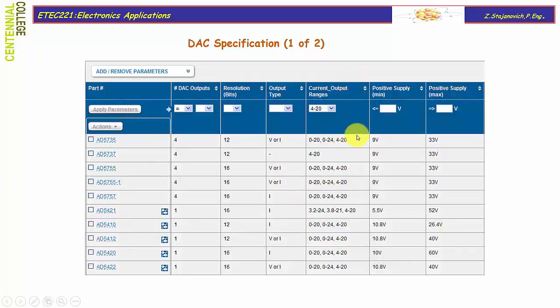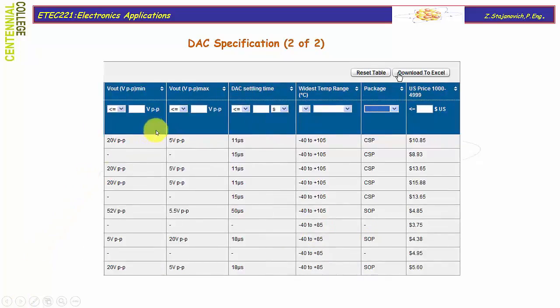In the next column you will recognize the range of the output voltage or currents, and more or less they are now standardized to cover the range, for instance, for currents from 0 to 20 or 0 to 24 milliamps, or from 4 to 20 milliamps. Some of them have a weird value like the AD5421, but it's for a special purpose. Typically standards in industry are from 0 to 20 or from 4 to 20 milliamps.